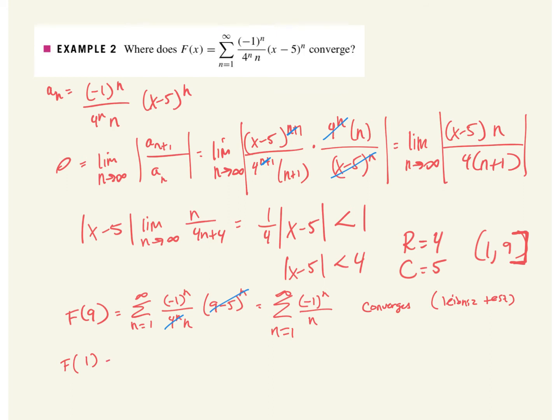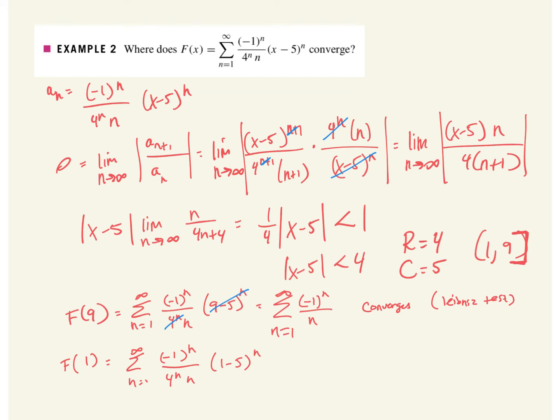And now I want to take a look at what about 1. So for the 1, I have negative 1 to the n power, 4 to the n, and I have a 1 minus 5 to the n. So now, when I simplify this, 1 minus 5 would give me a negative 4 to the n, which is going to cancel out my negative 1 to the n, because it will make it positive, and my 4 to the n.